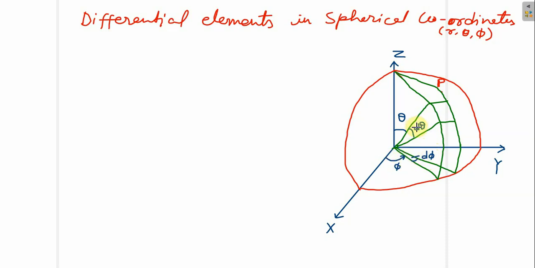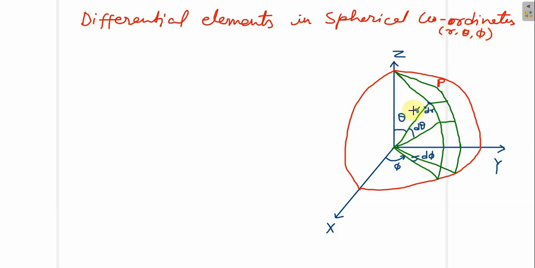And similarly, if this one is your r vector, then this increment can be considered as dr. Let's say that we are increasing it, and this increment is called dr. So we have made some small increments in all the three coordinates, that is r becomes dr, theta becomes d theta, and phi becomes d phi.